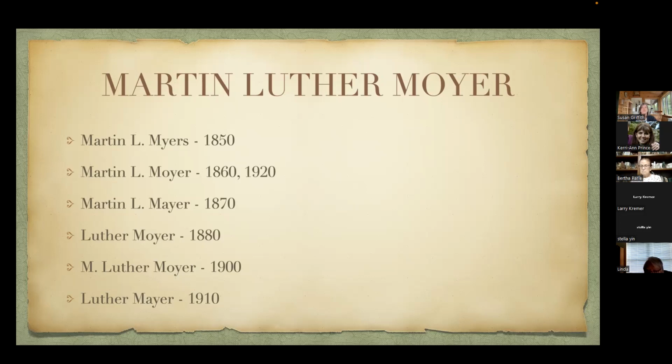Trying not to go too far astray, but it's really helpful to get the brothers and sisters. Because if I am working backwards, let me think of an example. Let's say I'm trying to find who Martin Luther Moyer's parents were, and I'm not seeing any Moyers or Myers in the 1850 that are of the age to be, well, we have his parents, don't we? So let me use Jacob.